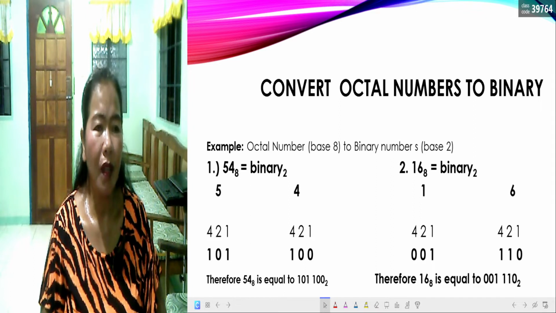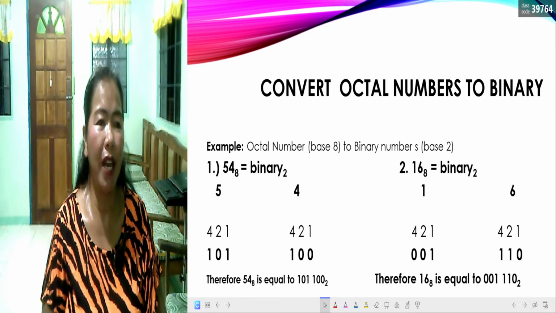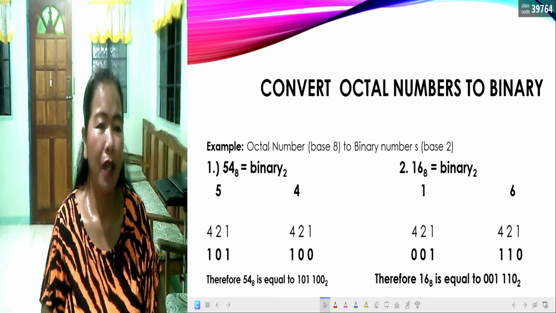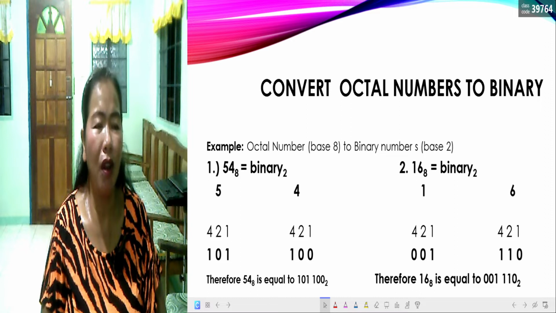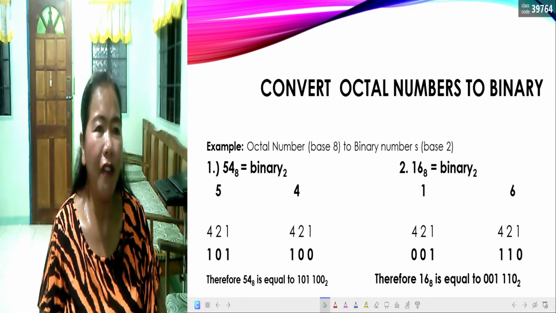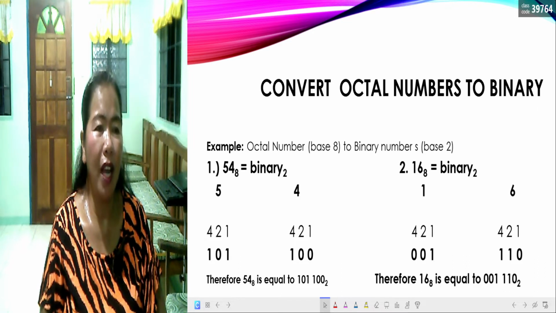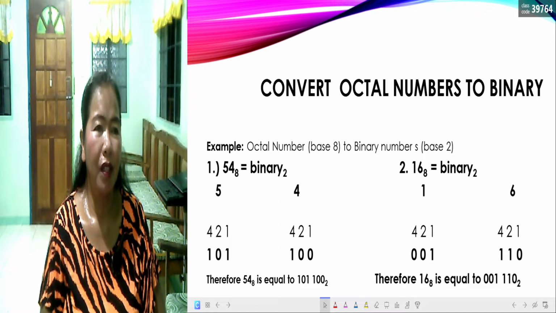Again, to get the binary equivalent, you have to use the multiplier equivalence, which is 1, 2, 4, since there are only 3 digits. You can no longer use 1, 2, 4, 8, 16, 32 because in every octal number there are only 3 digits assigned.